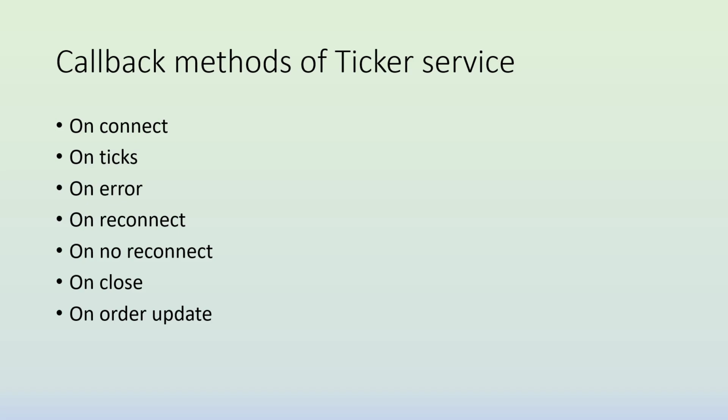If all 50 reconnections fail, it will give up and call on no reconnect. It's not going to try reconnection after 50 attempts fail. Then you will get the call inside the on no reconnect callback method, and then on close, whether the broker closes the connection after maximum attempts or you close the connection. You can also call the close method of the ticker service to close the connection.